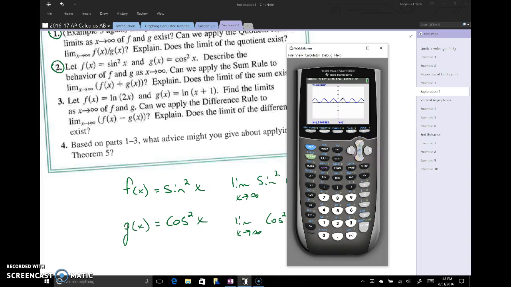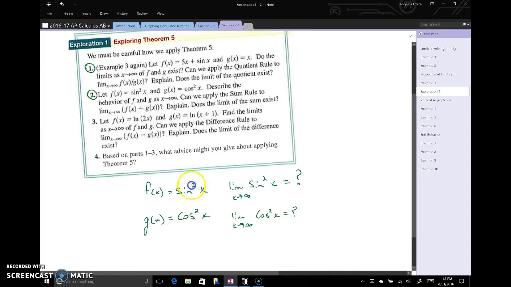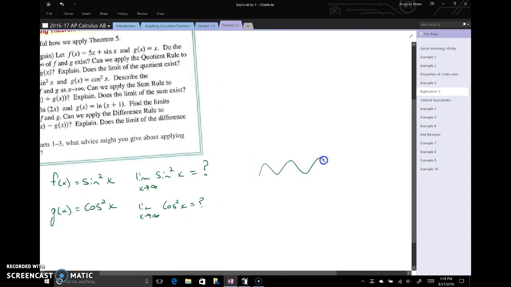Now, would it make sense for us to say that there's a limit, that this function is approaching something as x gets very large? The function will just continue to oscillate forever as we get to larger x values, and it varies between 0 and 1.